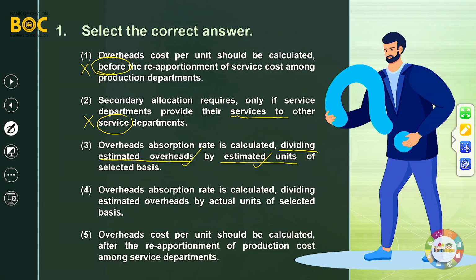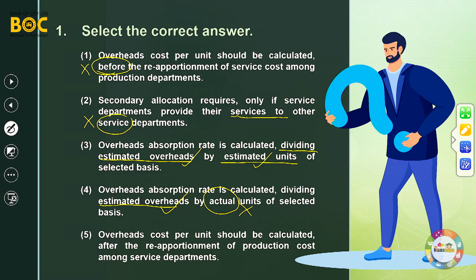Correct. The fourth one, overhead absorption rate is calculated by dividing estimated overhead by actual units. No, absorption rate we calculate using estimated or budgeted information.